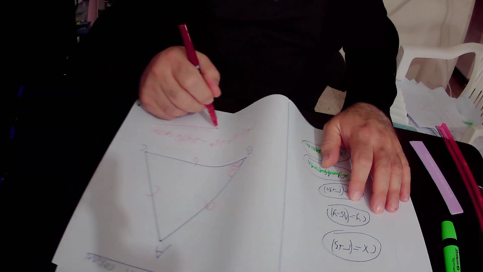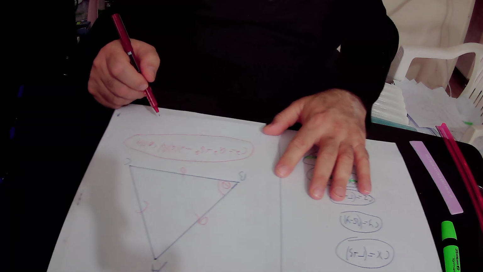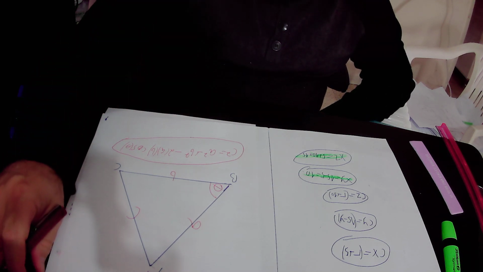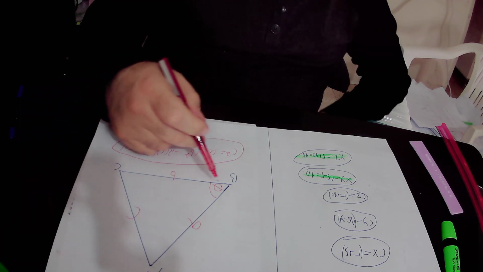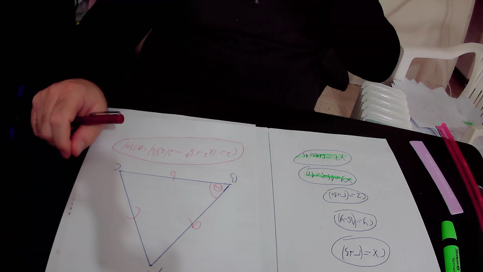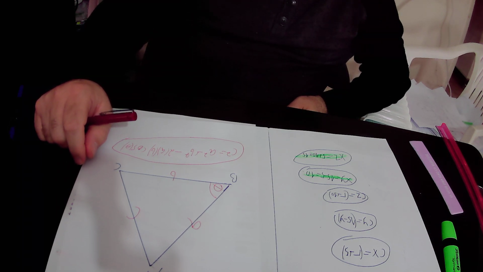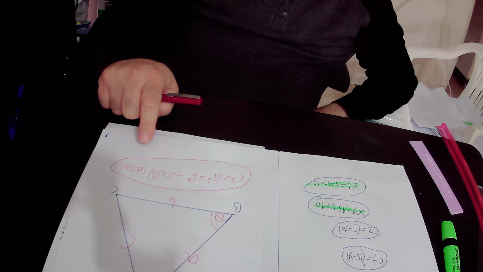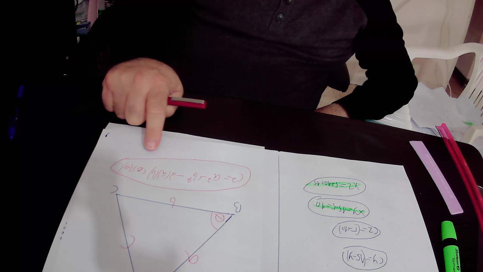Okay, and the Pythagoras theorem is a special case of the law of cosines when angle theta is equal to 90 degrees. When theta is equal to 90 degrees, then triangle ABC will be a right triangle, and in this equation cosine 90 degrees equals 0. 0 times anything is 0.